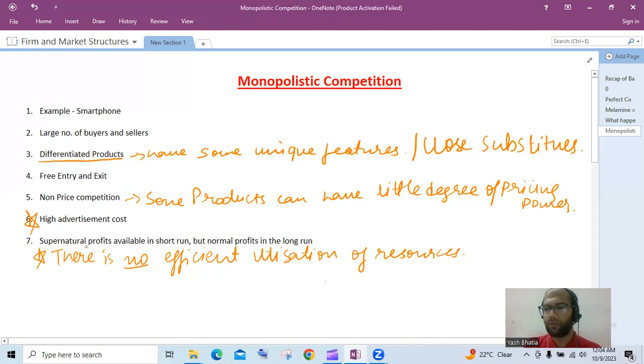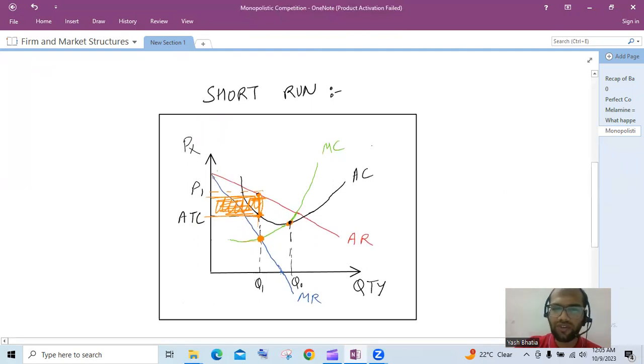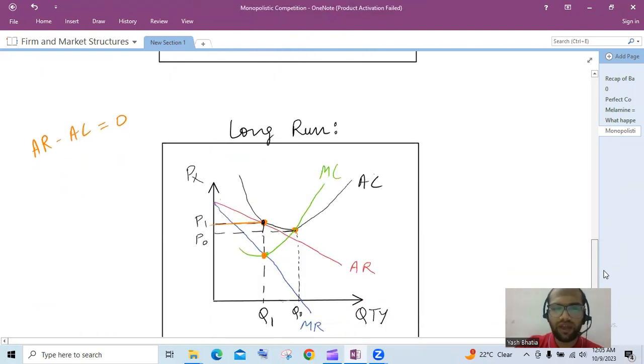That means the producers do not operate at the lowest AC level. In the short run, your AC curve can lie below the AR curve, but in the long run, your AC curve and AR curve will intersect at the point where you are operating, and that point is not the point of efficient utilization of resources. It will be a quantity lesser than the quantity at which you utilize your resources efficiently.